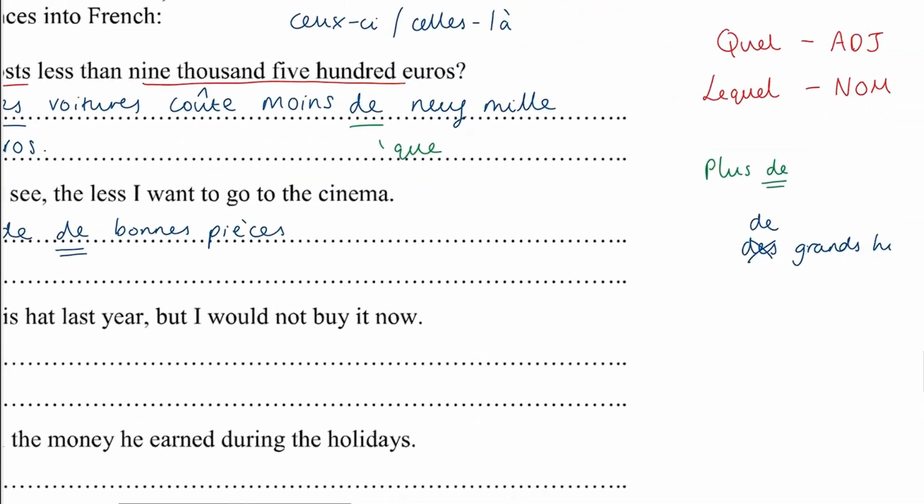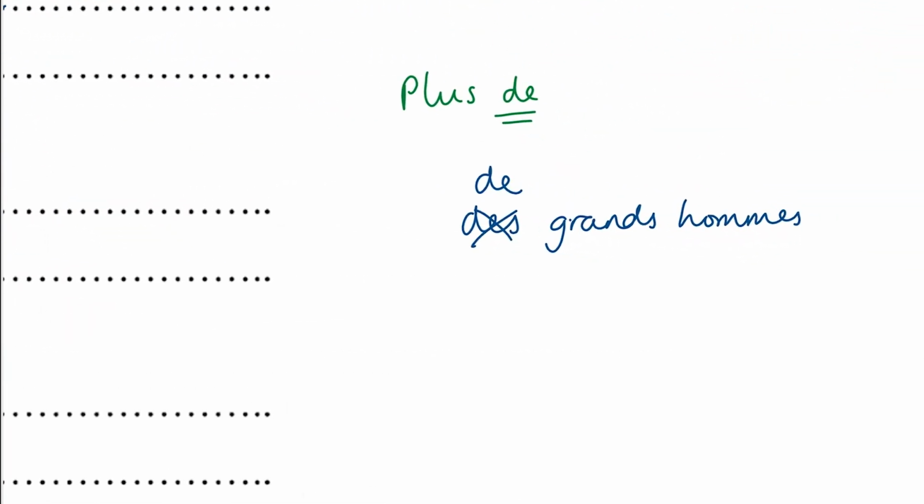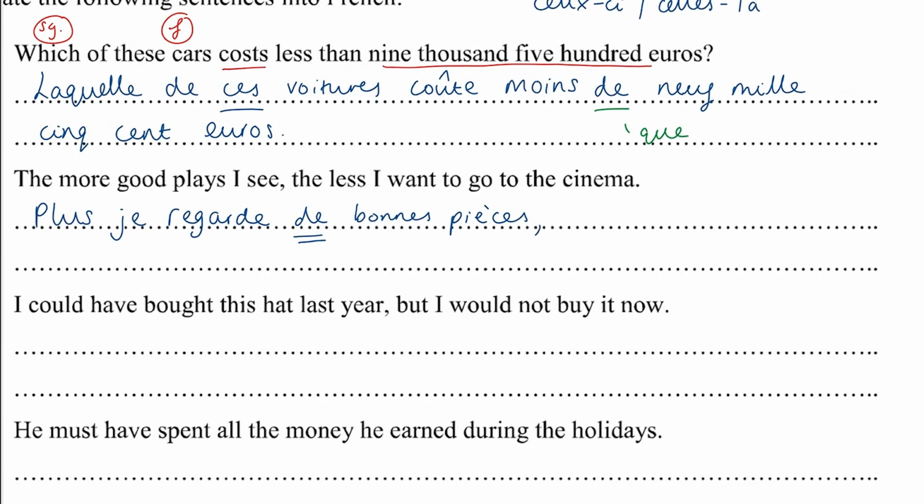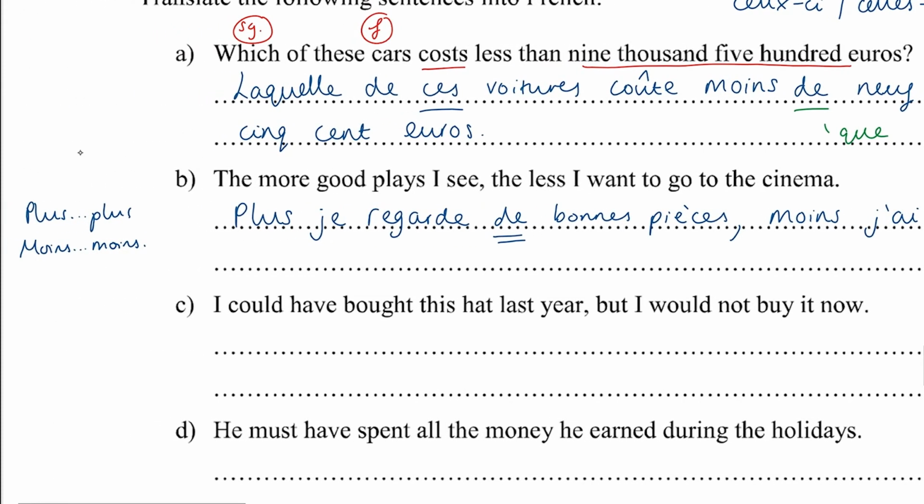But if your adjective is after the noun, for example, des hommes intelligents, it makes no difference. So, plus je regarde de bonnes pièces, moins j'ai envie d'aller au cinéma.